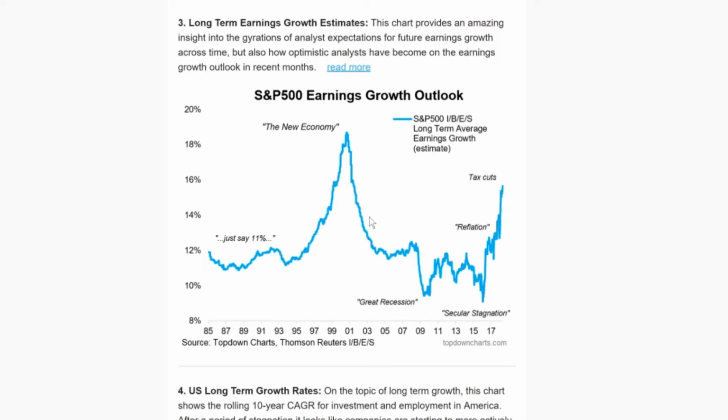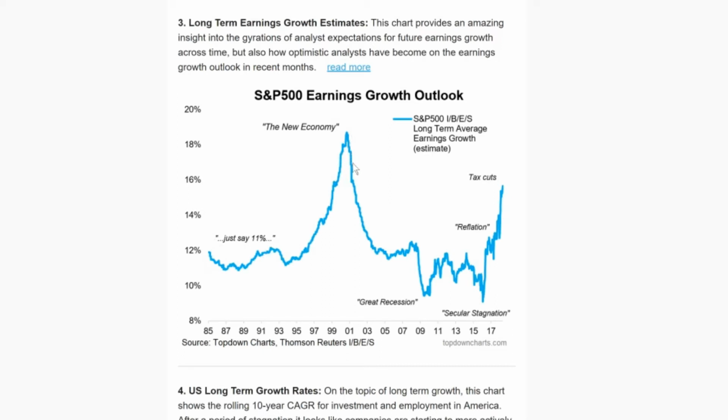Being the consensus of a lot of analysts, you'd think that a lot of science is going into it, but you can see here that there seems to be quite substantial gyrations, especially during the dot-com boom, where there was just massive enthusiasm about the new economy, and people went from just plugging in around 11%. That's probably the long-term growth rate, but just say 11%, and then actually no, maybe it's more like 18-19%.